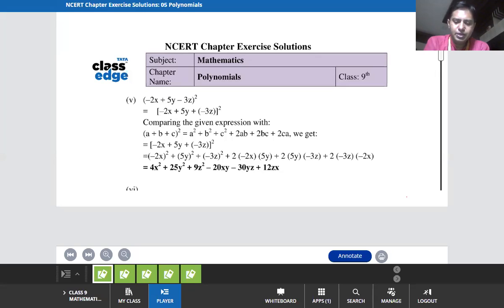The question here is the last part of question number 4: 1 by 4a minus 1 by 2b plus a. We need to expand 1 by 4a minus 1 by 2b plus 1.